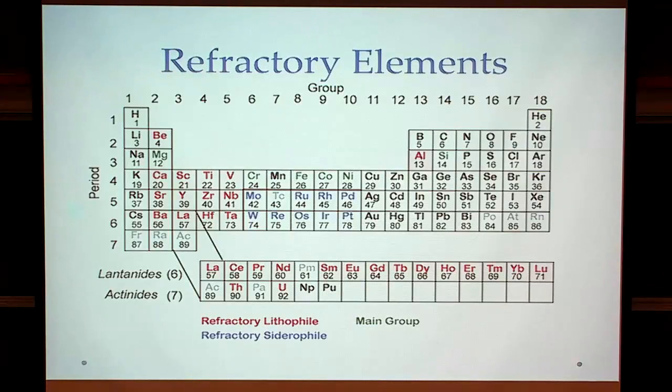Why is cobalt included as a main group element? Because it condenses at main group temperatures. And cobalt is one of those elements that actually partitions between mantle and core, so that there's some cobalt in the core and some in the mantle.